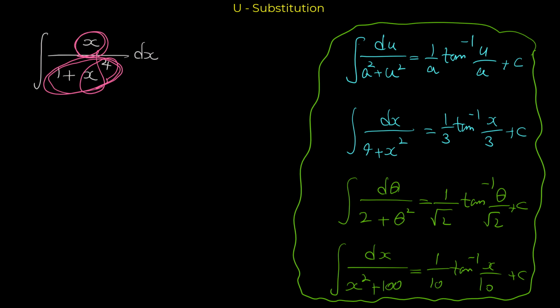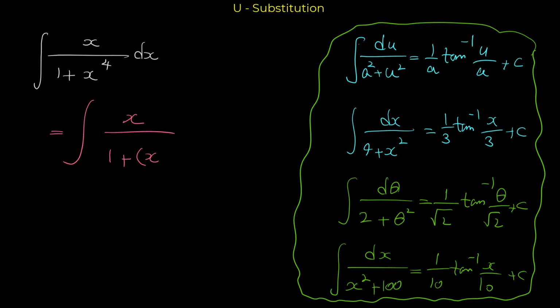But attention, I know this is tricky, but you have to learn these techniques. If you write the denominator in the form of x squared squared, then the derivative of this, not all of this, only this bracket, is in the top. Not exactly, but almost.